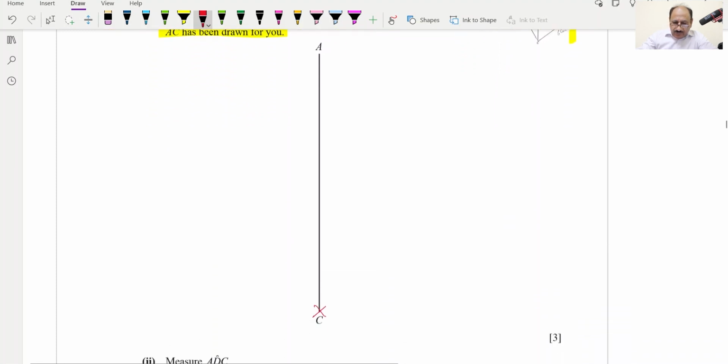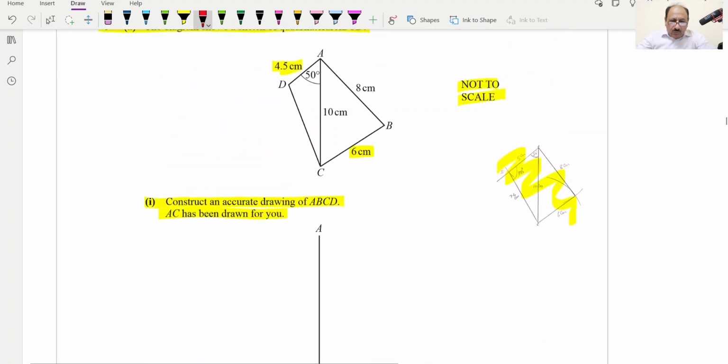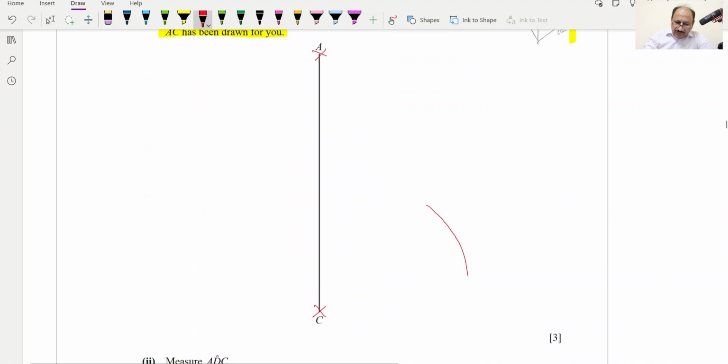Roughly I'm drawing. So we'll make an arc of 6 centimeter like this one, and then we will open the compass for 8 centimeter, and we will place it over here at A and make an arc of 8 centimeter like this one.